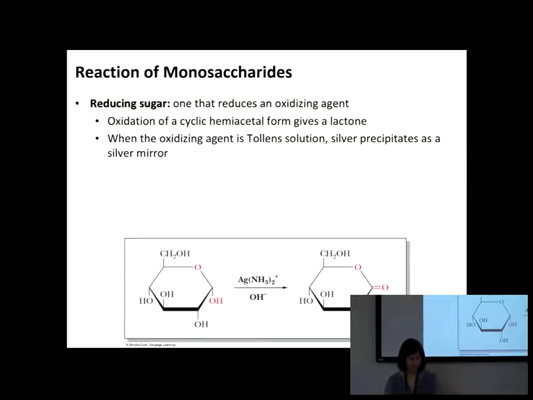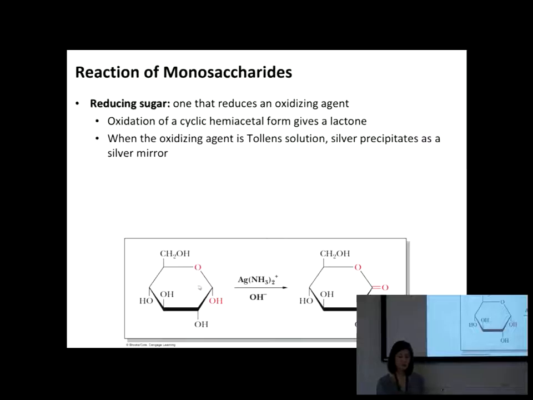Yeah, sounds more interesting. So this is really important, that we can identify which anomeric carbon is free, which is not in a glycosidic bond. We're going to talk about glycosidic bonds in one moment.